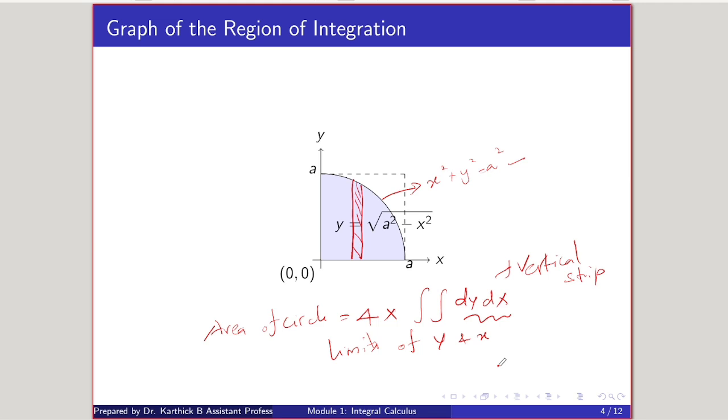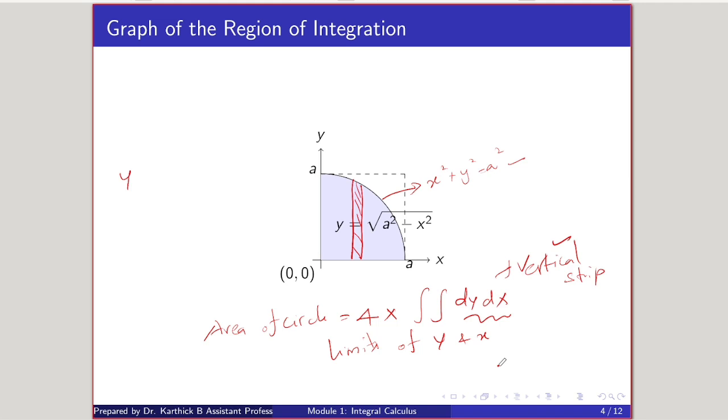Then by using a vertical strip, how do we find the limits? The horizontal strip is parallel to the x axis, where we find the x limit first. Now they have given a vertical strip. I have chosen dy dx, so it represents a vertical strip, so it will be parallel to the y axis.